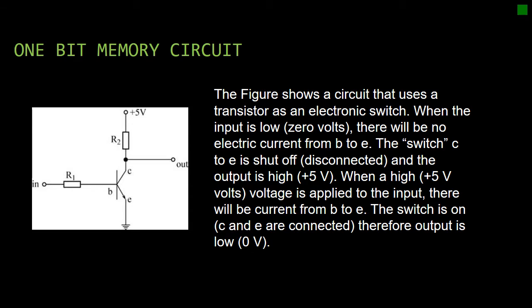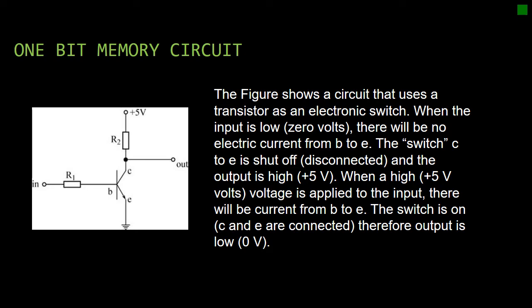The figure shows a circuit that uses a transistor as an electronic switch. The electronic switch, or the transistor, will turn the switch on and off.